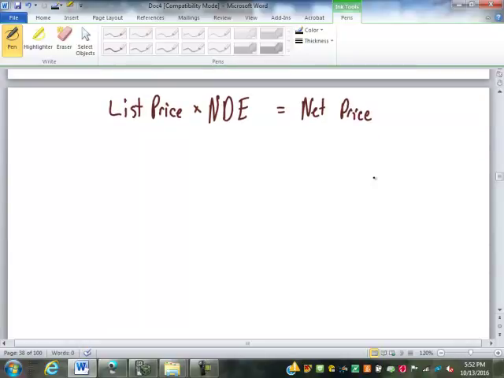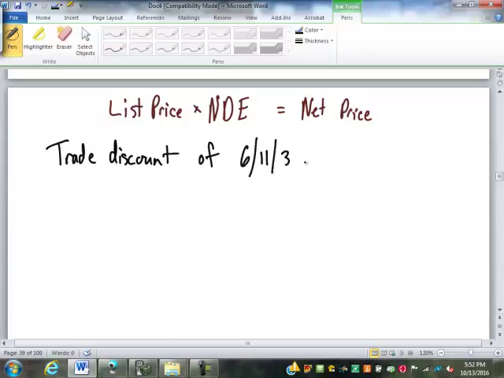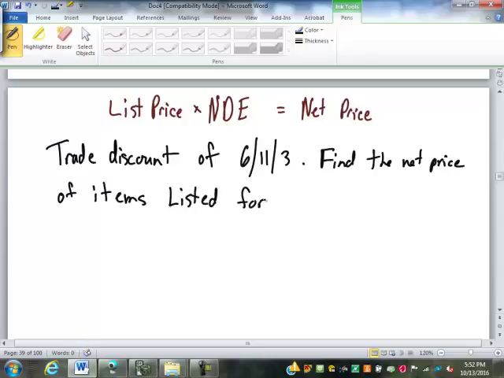So anyway, let's take a peek at a problem here. Let's say you receive a chain trade discount of 6, 11, 3. Find the net price of items listed for $8,000.